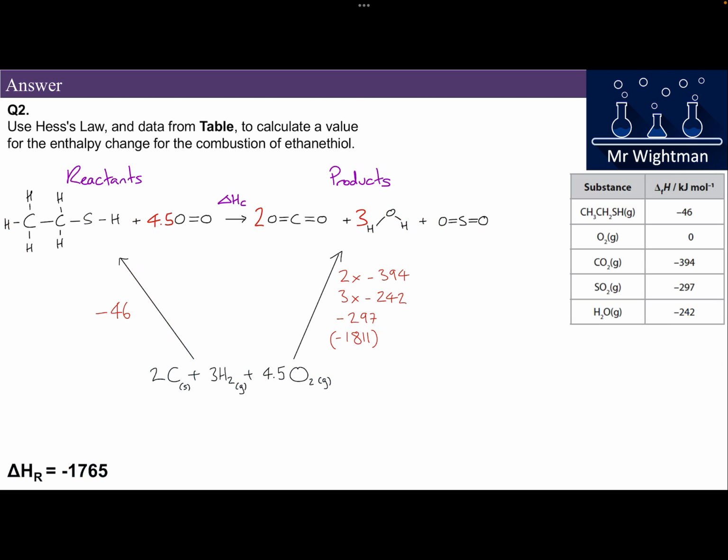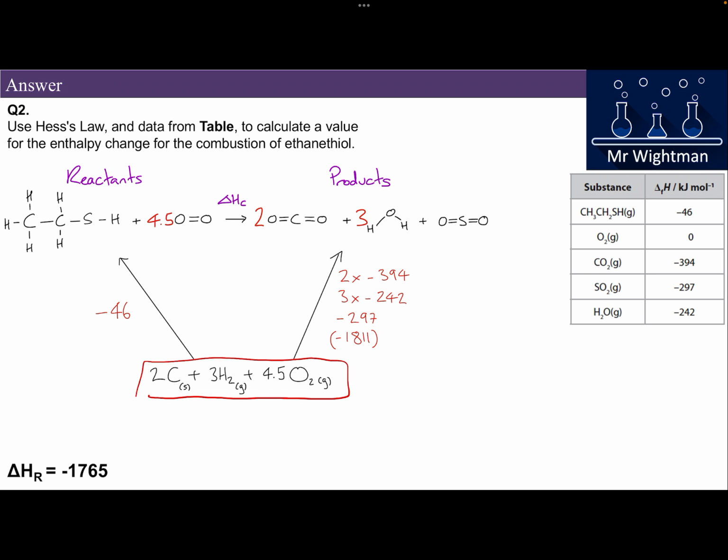And for question 2, reactants and products are going to be my ethanethiol plus oxygen turning into CO2 and water and sulfur dioxide. To form them from their elements, I can construct a Hess diagram by having my elements there. So elements forming my reactants and elements forming my products, and just putting the values in.